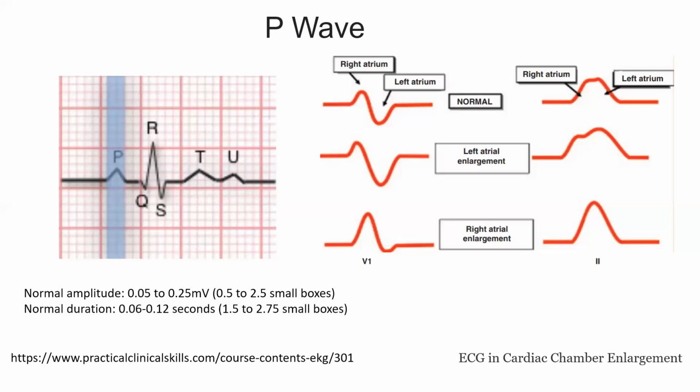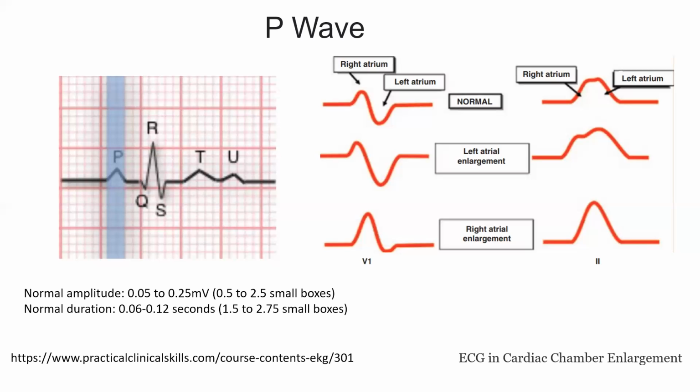Actually, it can give us a lot of information. If the P wave has disappeared, we may consider atrial fibrillation. If the P wave has different manifestations, we may think about MAT.